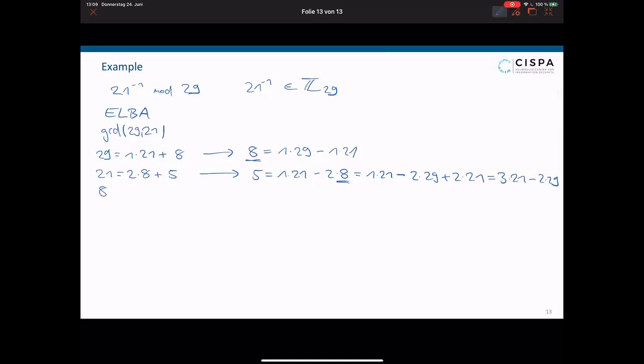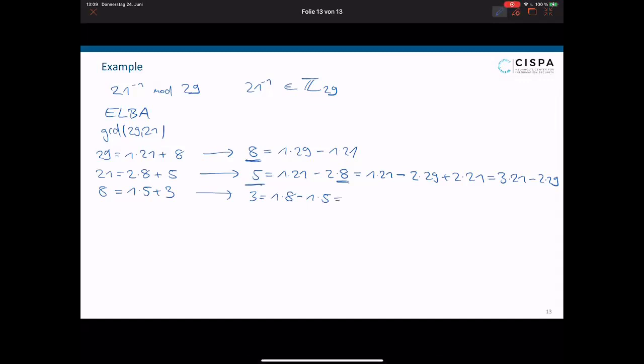Let's proceed. Next step of the basic Euclidean algorithm. We can write 8 as 1 times 5 plus 3, or in other words, 3 equals 1 times 8 minus 1 times 5. And now let's just plug in the linear combinations that we got for 8 and for 5.